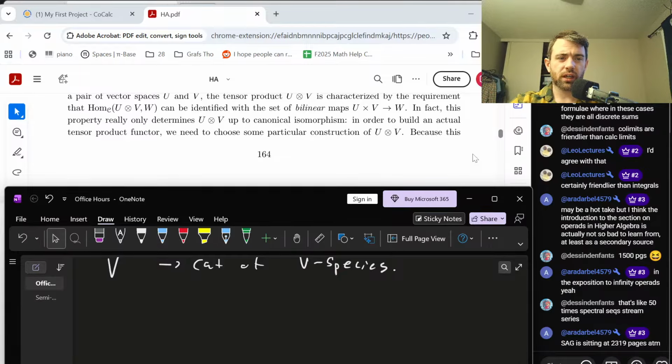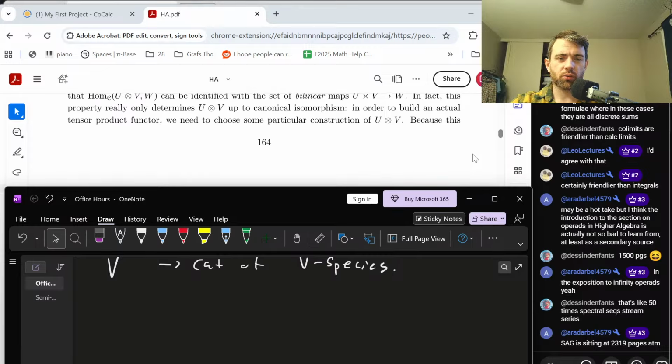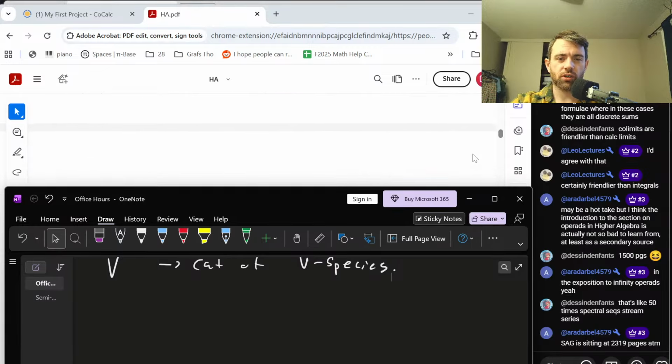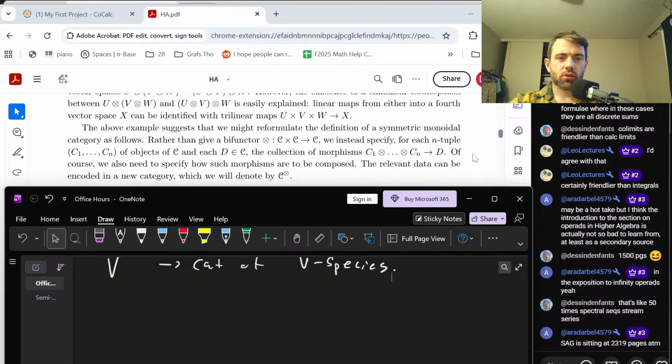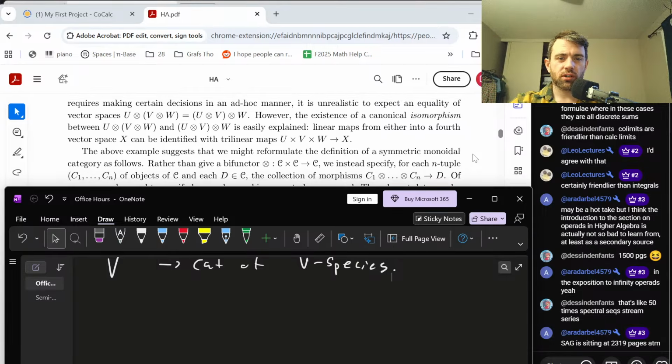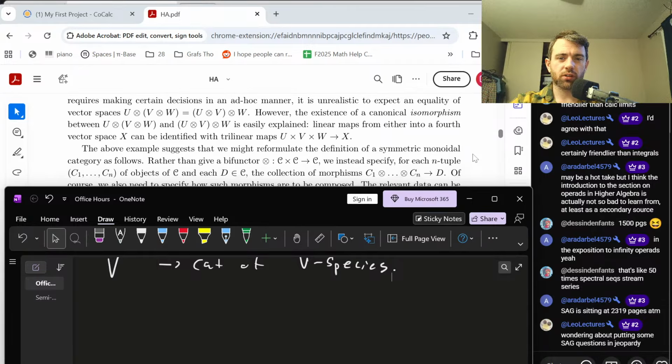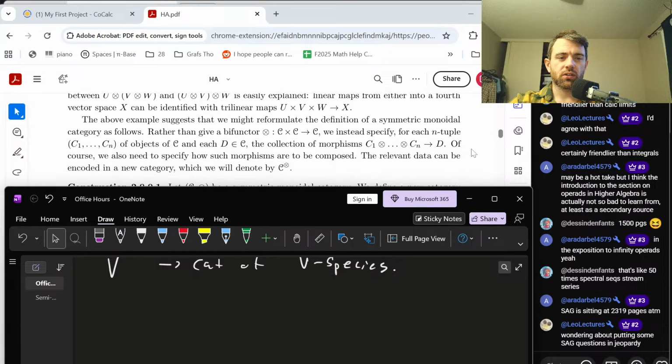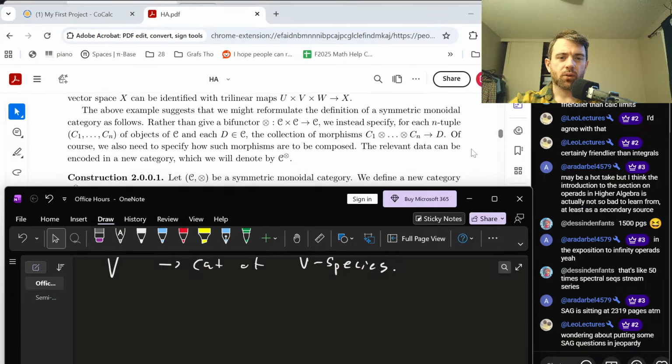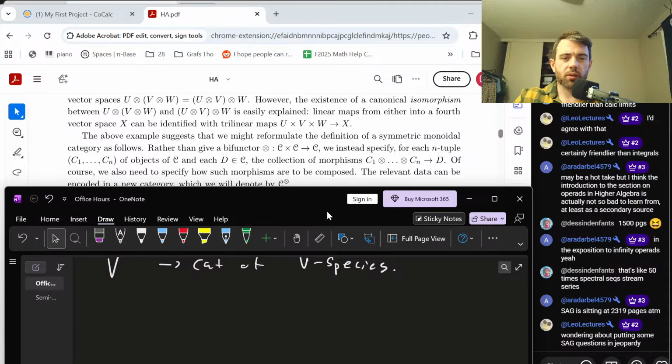In order to build an actual tensor product functor, we need to choose some particular construction. Because this requires making decisions in an ad hoc manner, it is unrealistic to expect any equality of vector spaces. However, the existence of a canonical isomorphism is easily explained by trilinear maps.